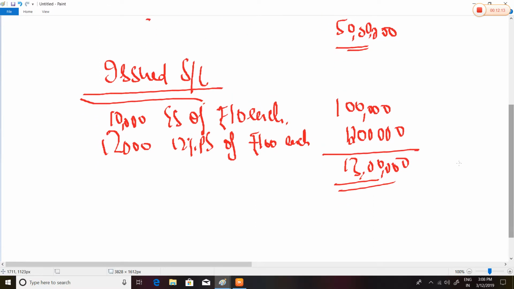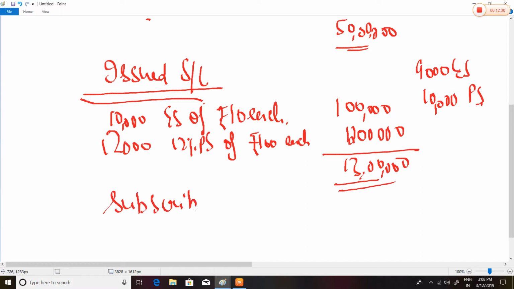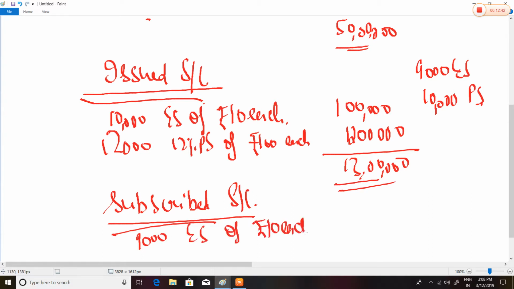And let's say the public have subscribed for 9,000 equity shares of rupees 10 each and 10,000 preference shares. So we'll write here subscribed share capital: 9,000 equity shares of rupees 10 each, 90,000, and 10,000 12% preference shares of rupees 100 each.